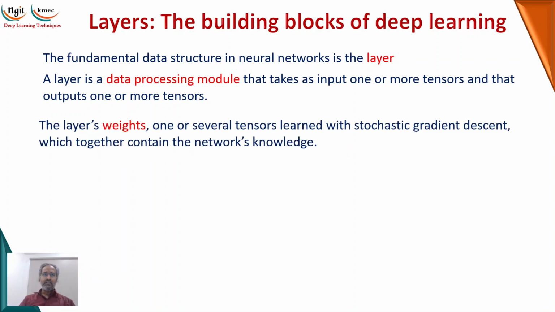So the layer does data processing by using tensors. It has the inputs, and it has the outputs, and it also has some more data, that is called the weights. In the previous session we discussed the theta concept. The theta is the parameter. There are a number of parameters available.